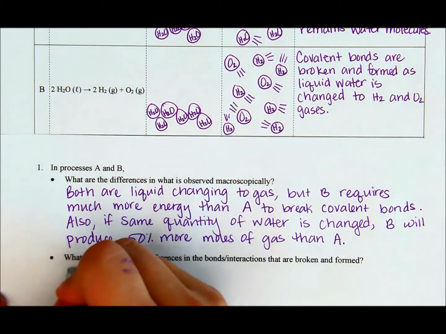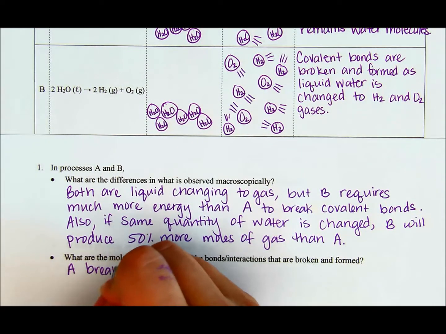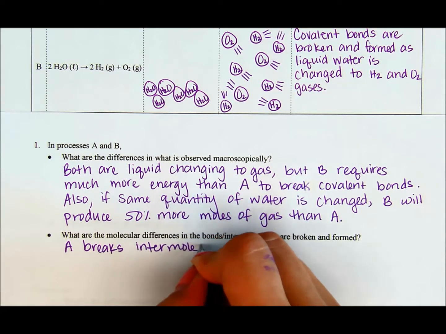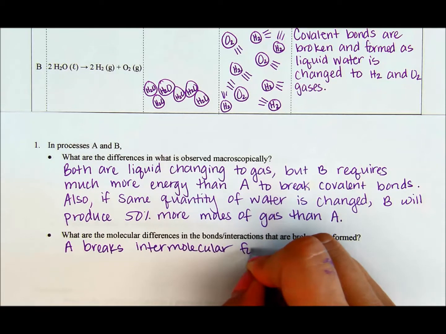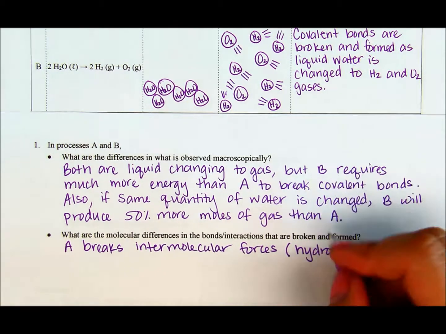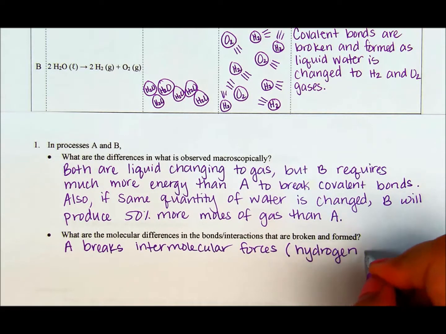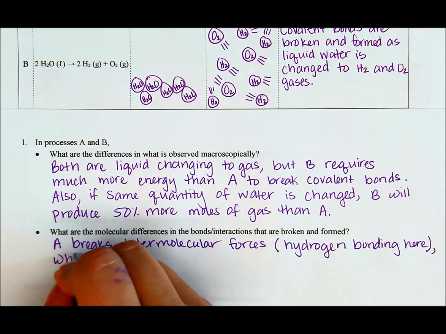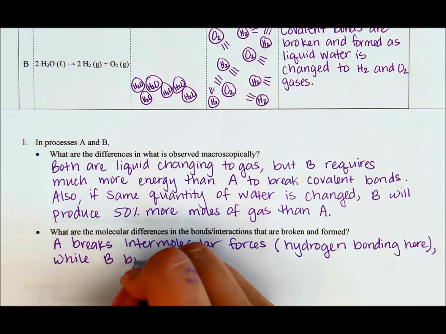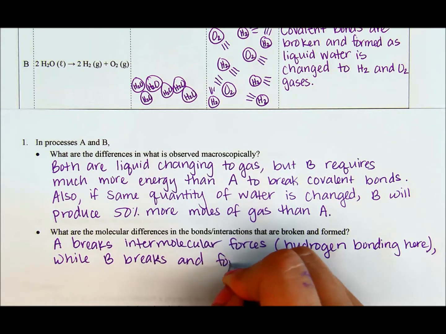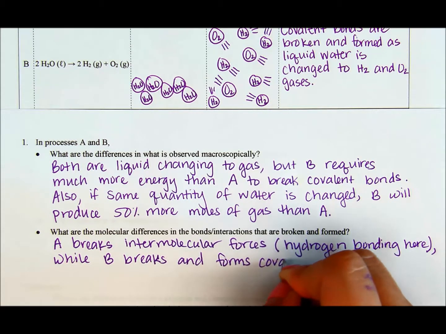So A breaks intermolecular forces, so hydrogen bonding here. While B breaks and forms covalent bonds.